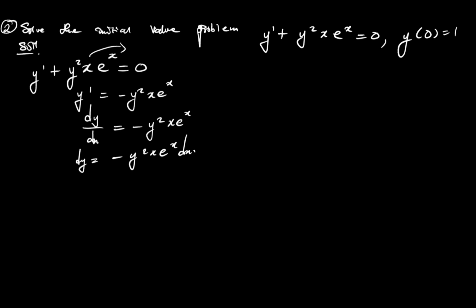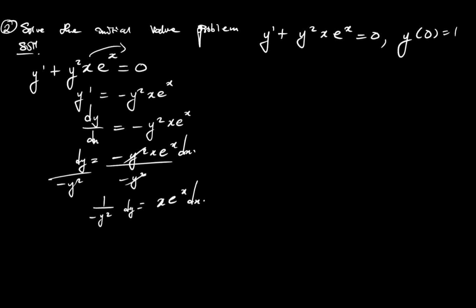Now, what we can do is divide by minus y squared. We have 1 over minus y squared dy being equal to x e to the x dx. This is what we're having. Alright, after having this, what we can do now is introduce the integral sign. But before we do that, be mindful we're having this portion here.